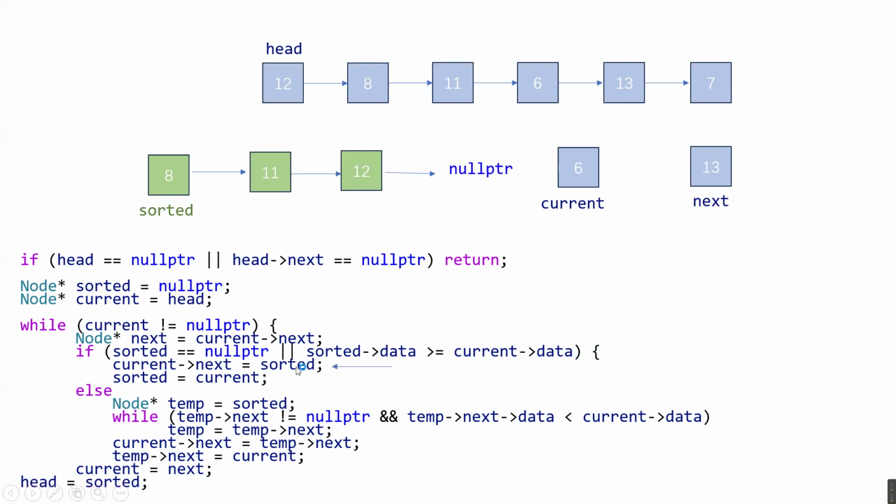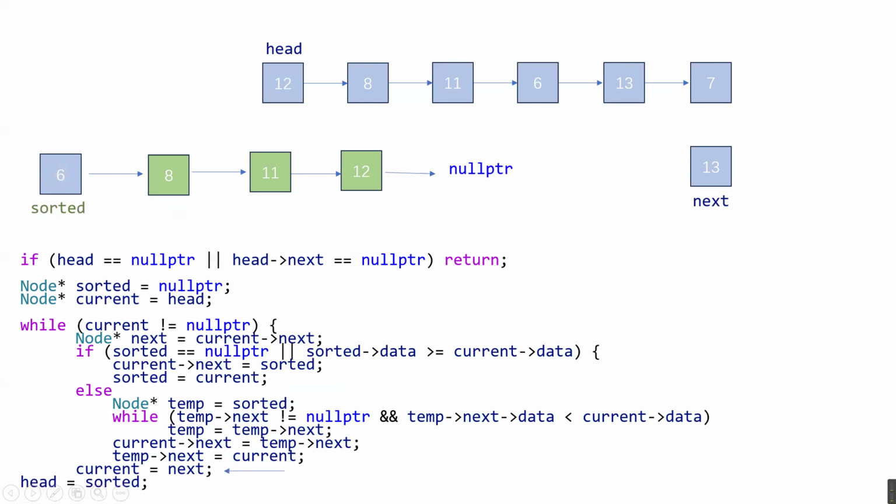We jump to this line, and the current's next, this one's next, will become the sorted. That is what the head insertion does. The current's next will just point to the sorted. And also the change is that the sorted becomes the current. In this line, here will become the new sorted.